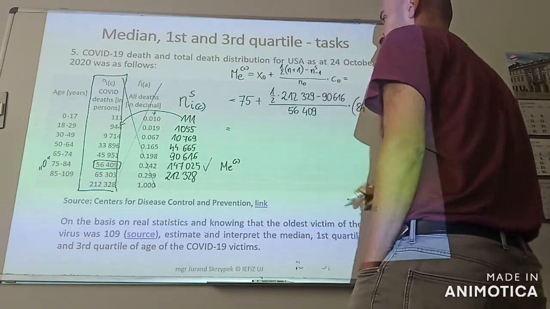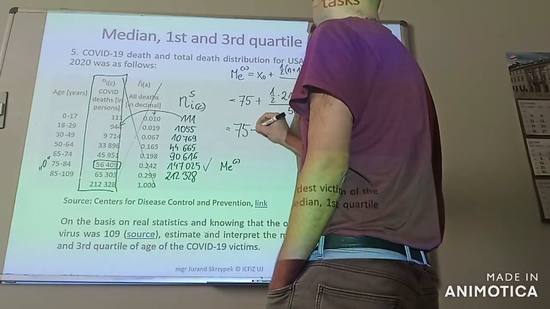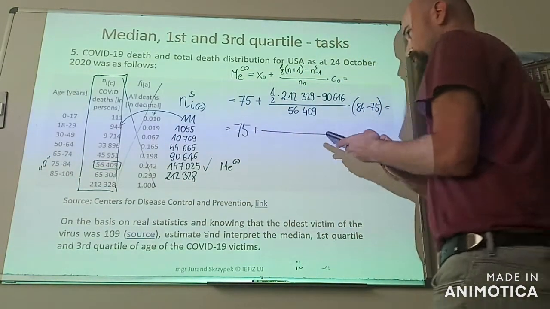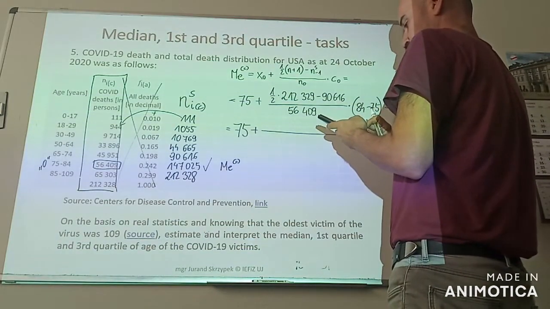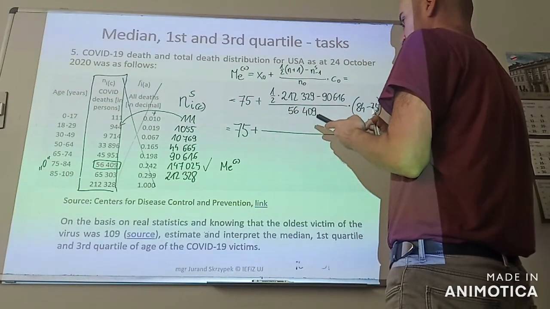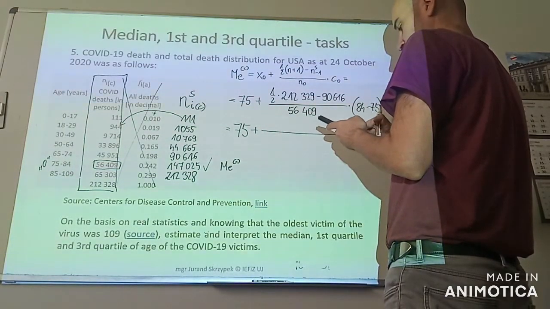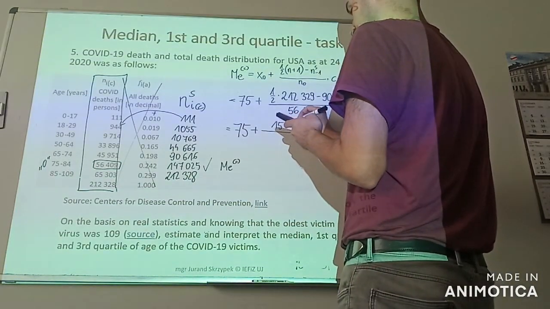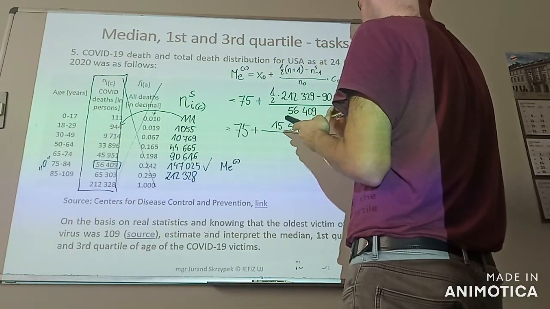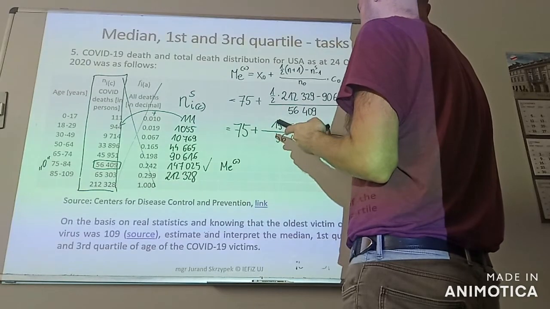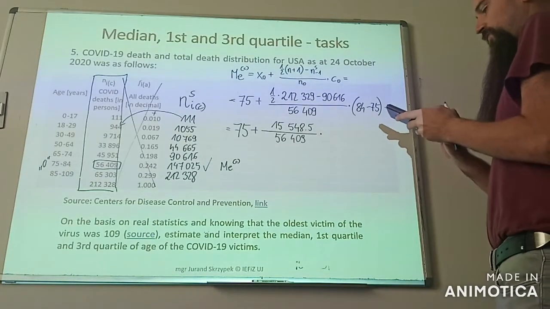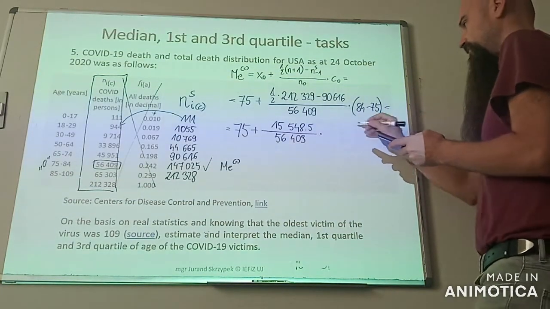Alright, and the partial results are the following. Here we have 75 plus what? In the numerator we have 212,329 multiplied by a half minus 96,160, which gives 15,548.5. Here we have 56,409, and here we have 84 minus 75.